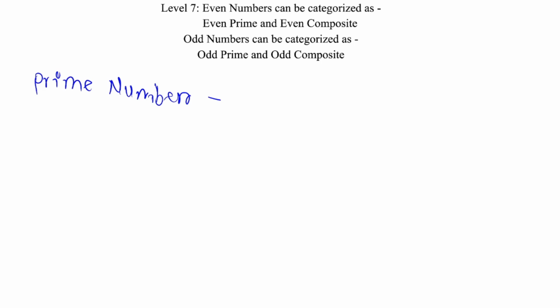Very carefully observe: prime numbers are divisible by 1 and the number itself. That's it, friends. Not by 2, not by anything else. Prime numbers are the numbers which are divisible by 1 and the number itself.